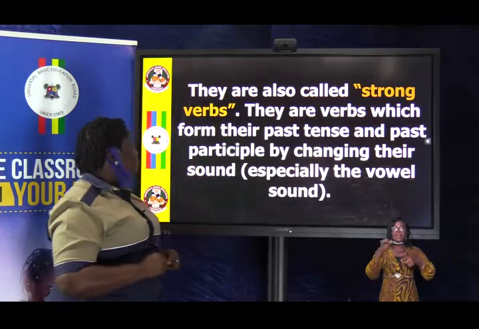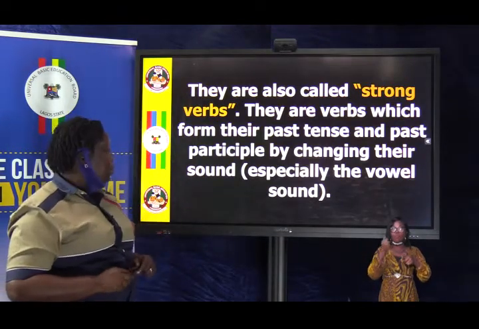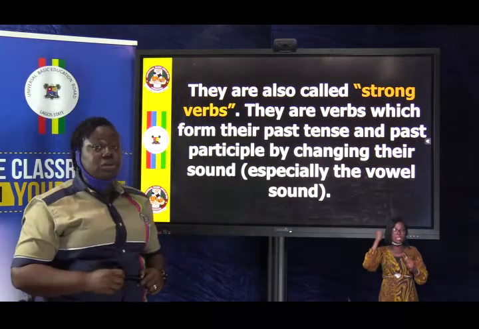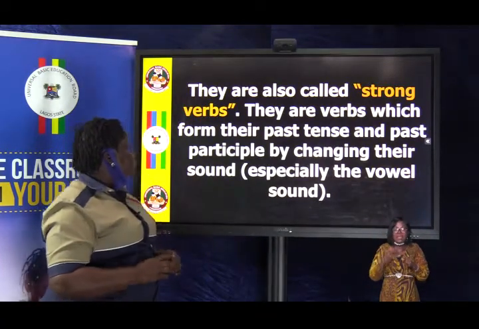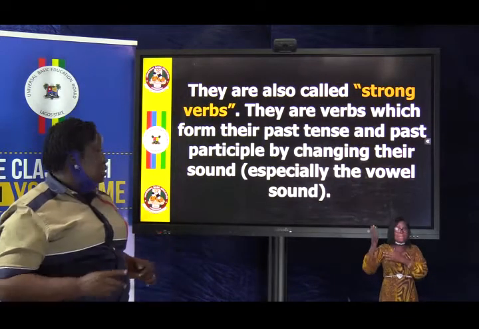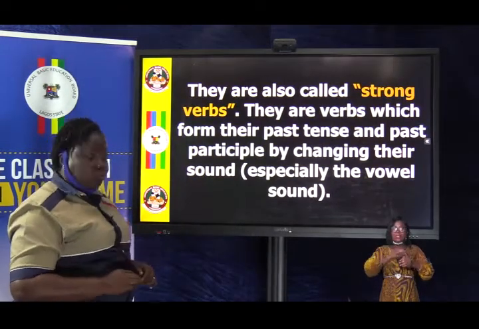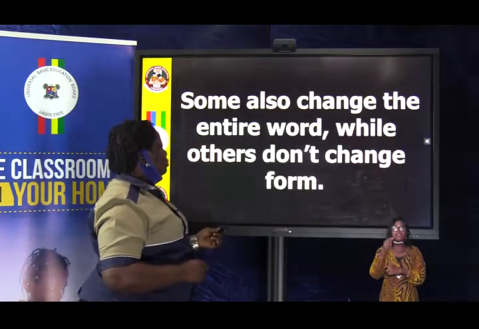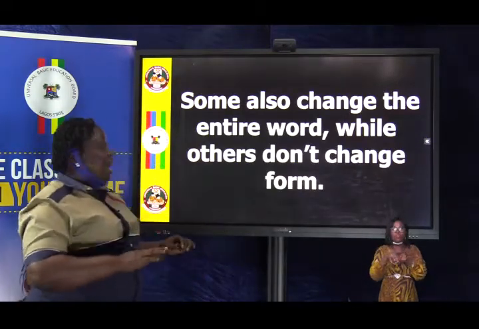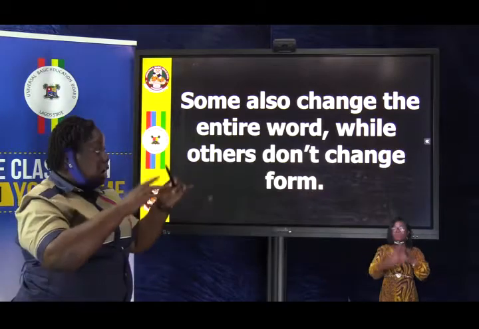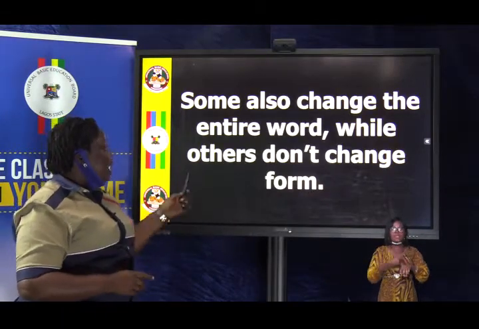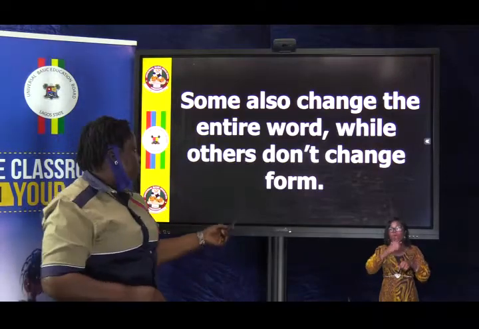They are verbs which form their past tense and past participle by changing their sound, especially the vowel sound. Some also change the entire word most of the time, while others don't change their form.